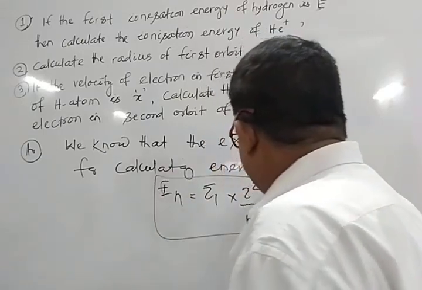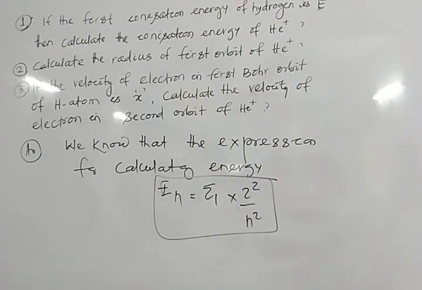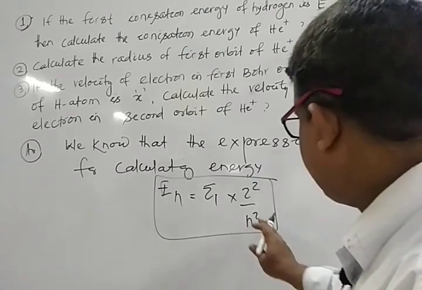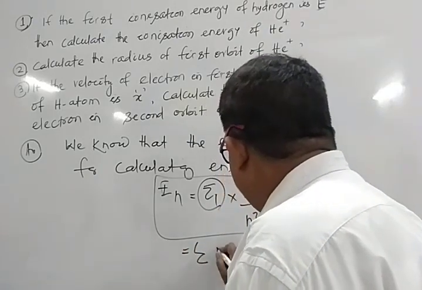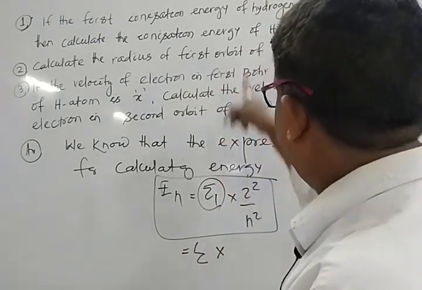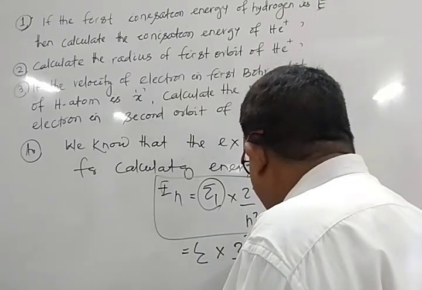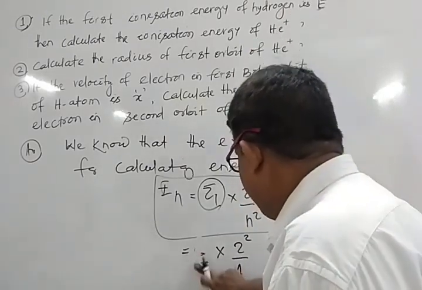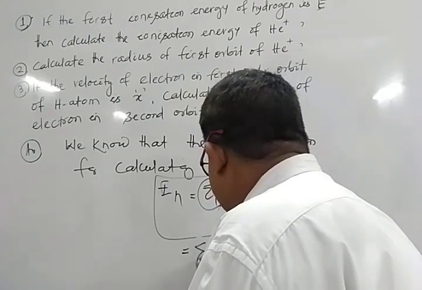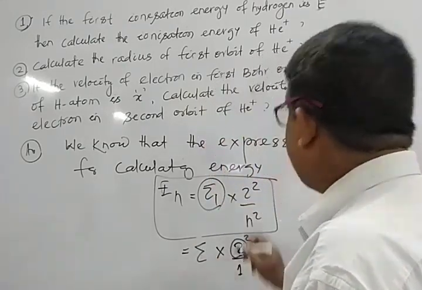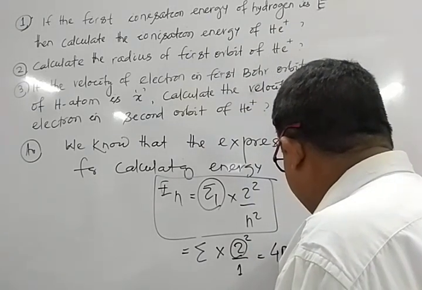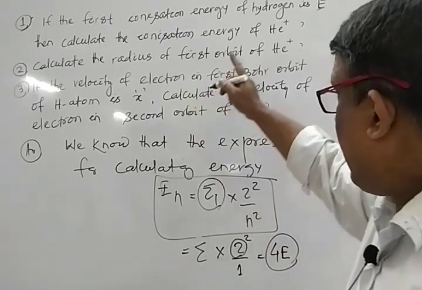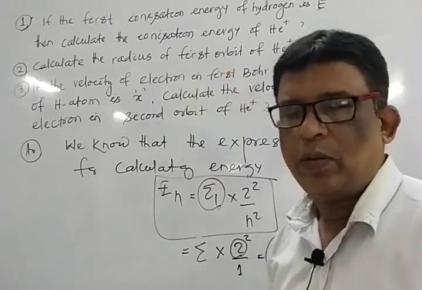The energy of the nth shell is equal to energy of the first shell into Z square by N square. Mark that here. E1 energy is given, that is E, into Z, that is atomic number, that is 2 square. First shell, that is N is equal to 1. Energy of the first shell is taken as E, and Z is known as atomic number. For helium it is 2, first shell it is 1, so that is 4E. That means the ionization energy of He plus is 4E.